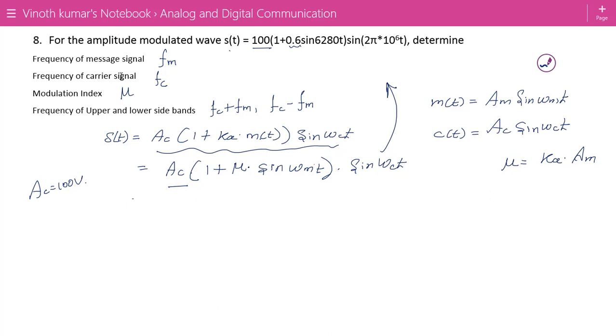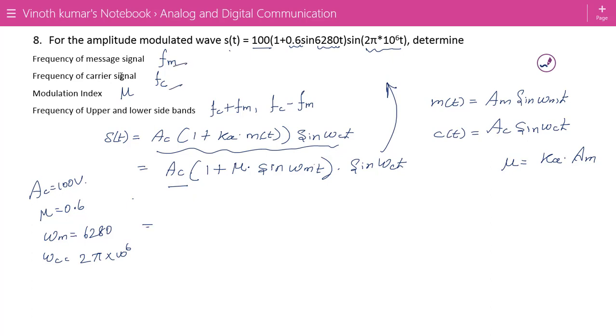The modulation index is 0.6, omega m is 6280, and omega c is 2 pi into 10 to the power 6. We need to calculate fm and fc.